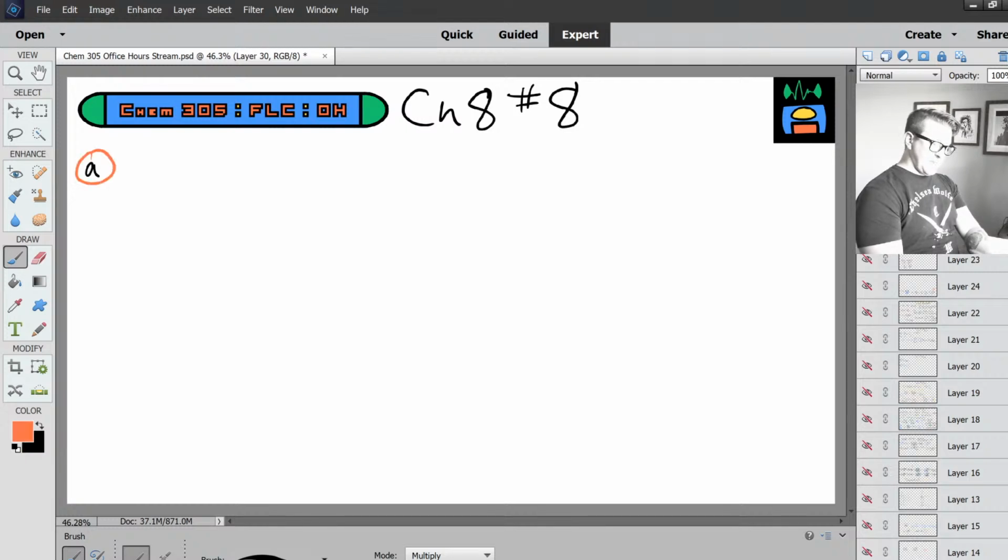So part A, the added solute dissolves rapidly. Well, if it rapidly dissolves, that means that the solution was unsaturated. Right? Because if it were saturated, more wouldn't dissolve.